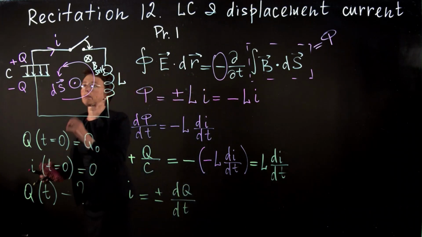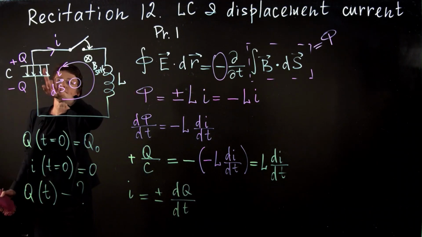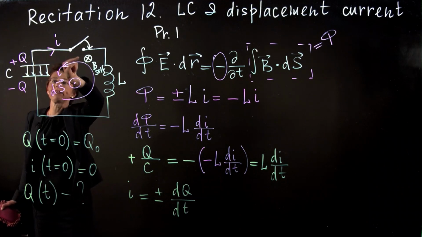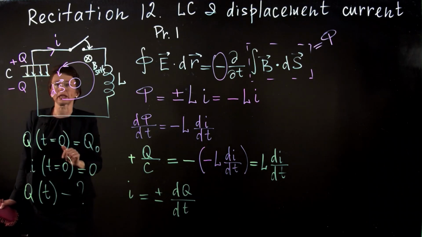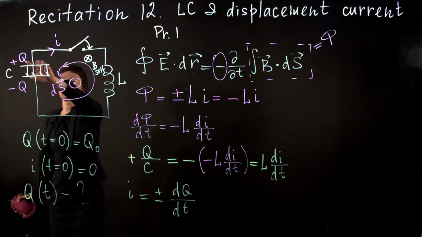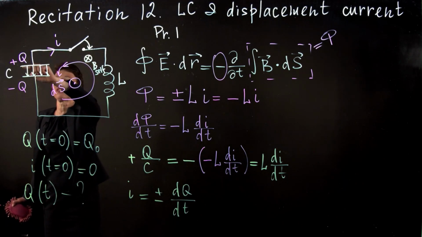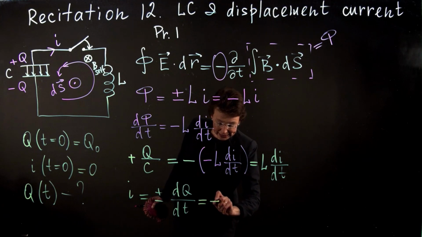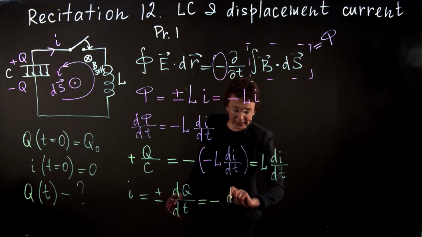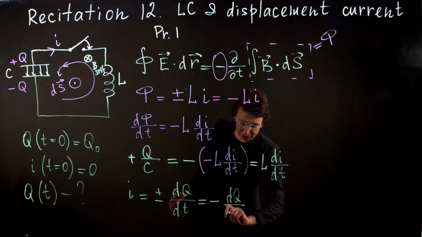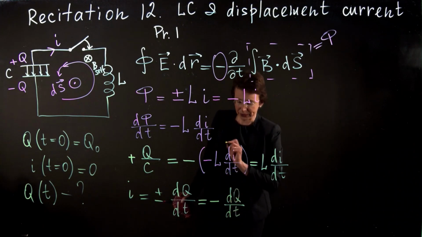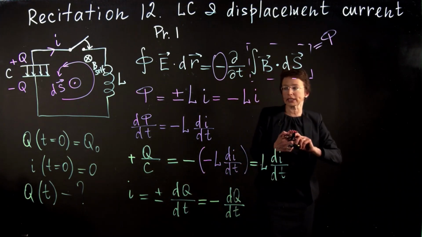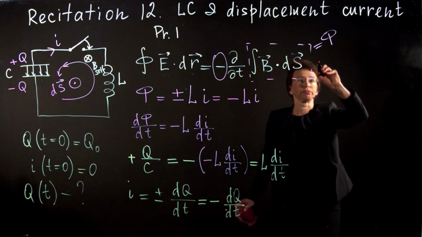With our notations, the current is leaving the positively charged plate of the capacitor, so charge decreases. The derivative of charge is negative. That's why I choose negative. It is minus dq dt.